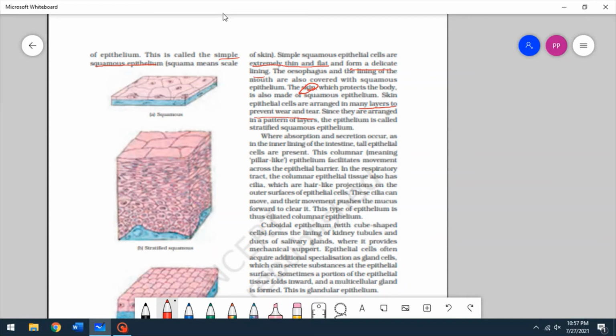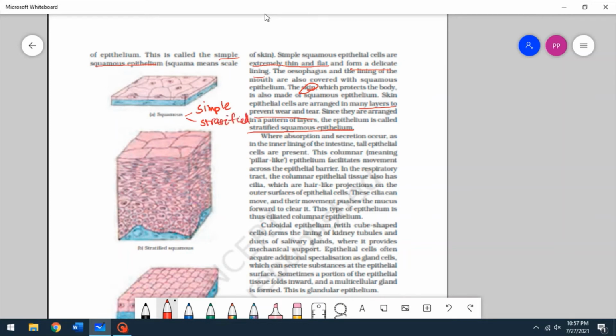That's why they have many layers. They're relatively flat, but they do have many layers. All right. They're arranged in patterns of layers called the stratified squamous epithelium system. So squamous epithelium has simple squamous epithelium and stratified squamous epithelium.